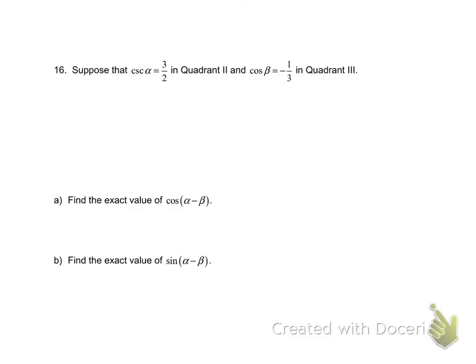Okay, so now we have cosecant equals 3 halves in quadrant 2. So we know we're in quadrant 2. And cosecant is 1 over sine, so that means sine equals 2/3, which I can use in my triangle. And after the Pythagorean theorem, we get root 5.